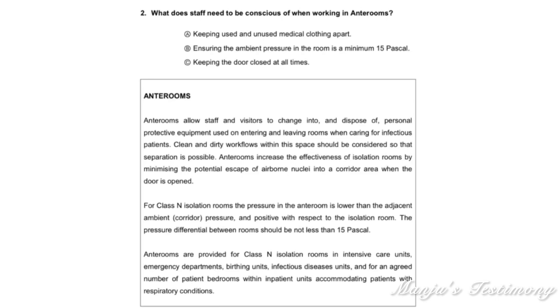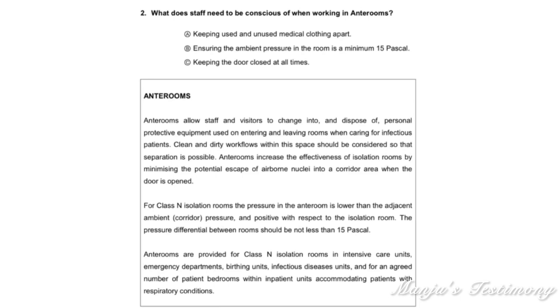We all are healthcare professionals and we know that anteroom's door is already closed, but it sometimes opens and closes when the patient or the bystanders enter and go outside the rooms, but it is always closed, right? And it is an automatically closing door as well. So here option C is saying that keeping the door closed at all time.